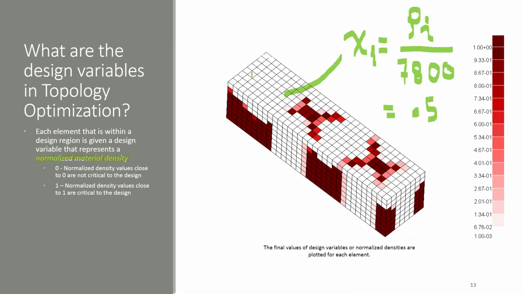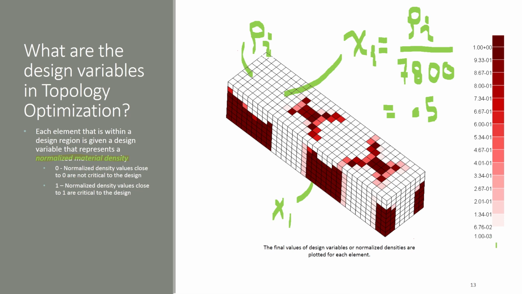Each element would have its own density, Pi, and this is what happens. You set the design region, and then a different design variable is created for each element that corresponds to this normalized material density.